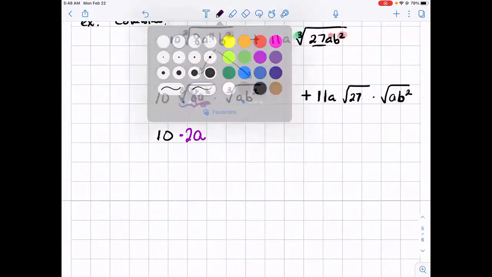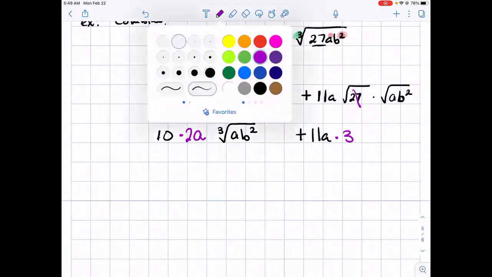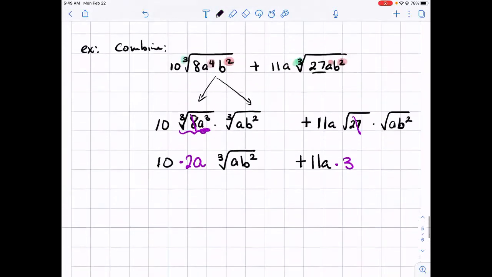And we have left the cube root of a b squared plus 11a. The cube root of 27 is 3, so times 3. And we have left here the cube root of a b squared.